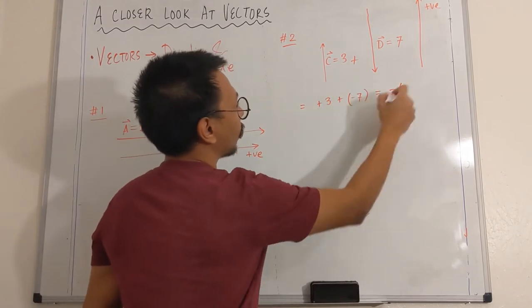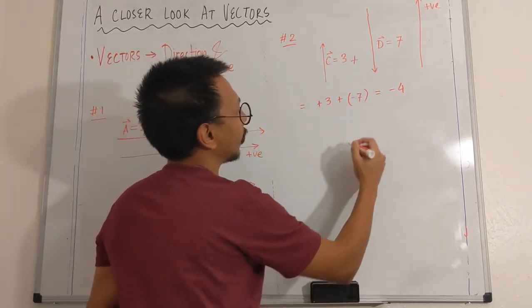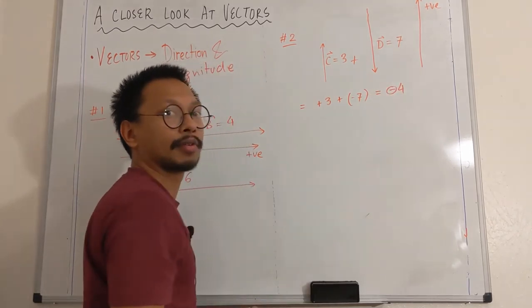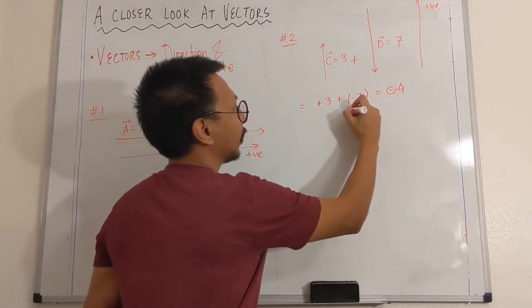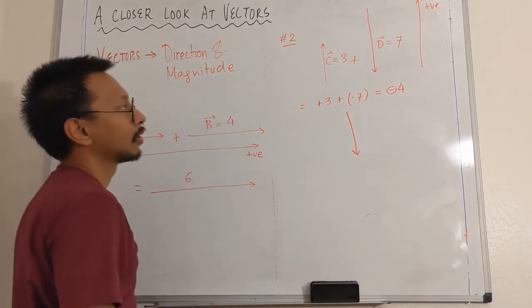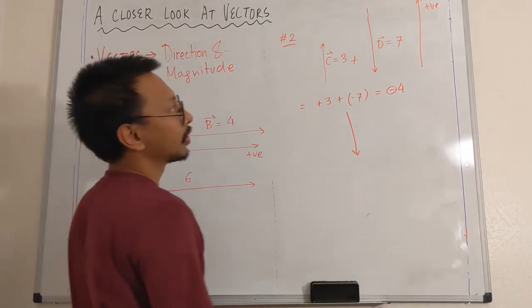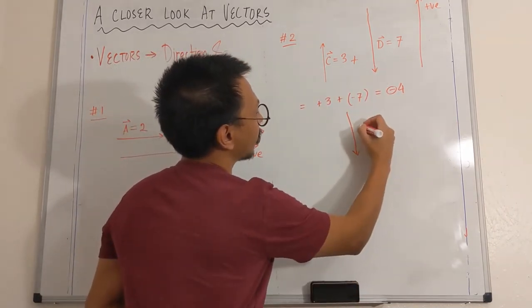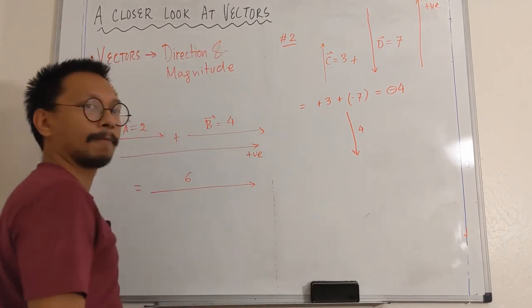So by adding these two vectors you get a resultant vector which is pointing in the negative direction, which is pointing downwards, and its length is somewhere in between 7 and 3, which is 4.